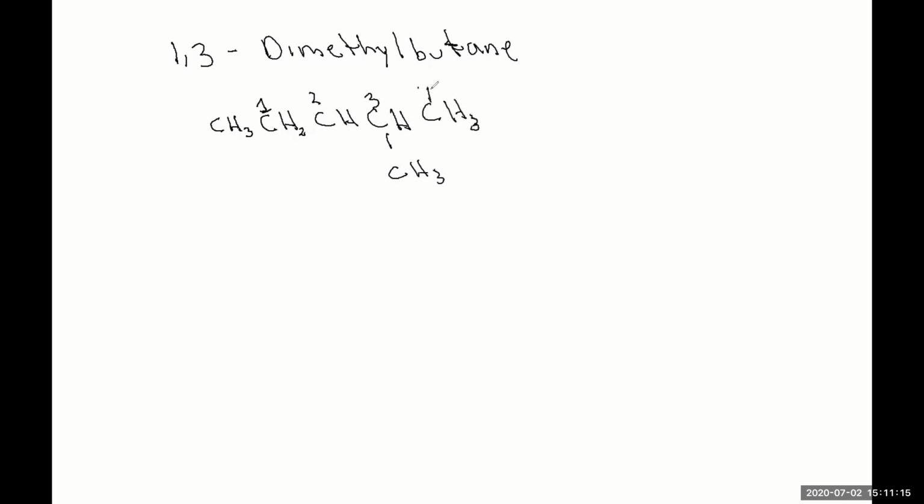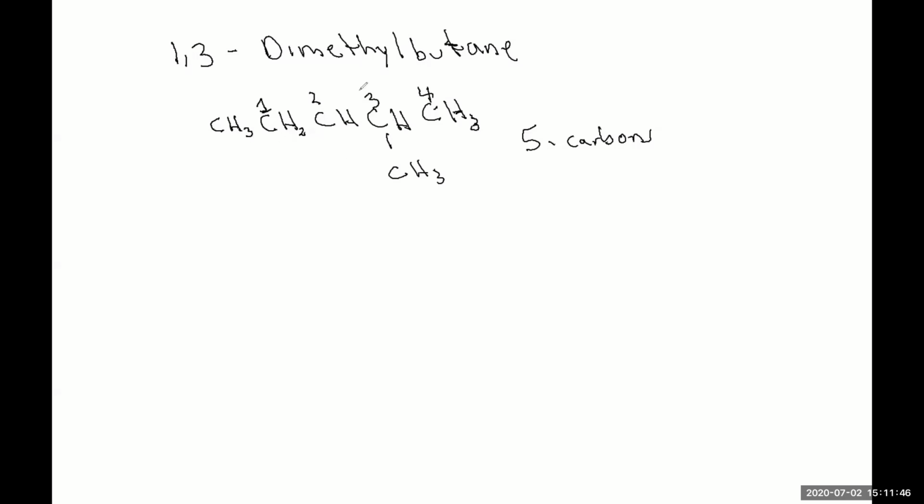So why is this incorrect? Well, the reason it's incorrect is because really the longest chain would be 1, 2, 3, 4, 5. It would really be 5 carbons, because the methyl group in the 1 position is really part of the main chain. You would follow the main chain.